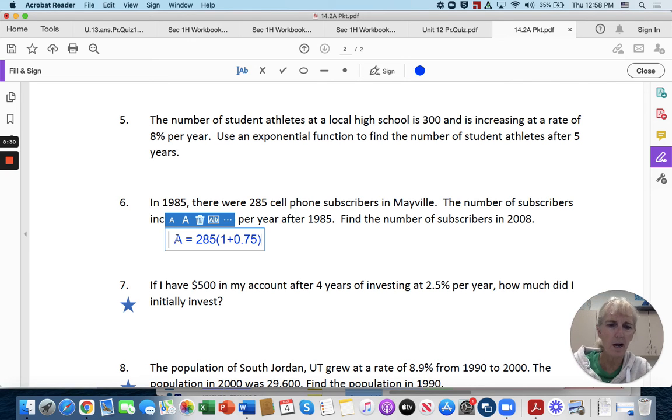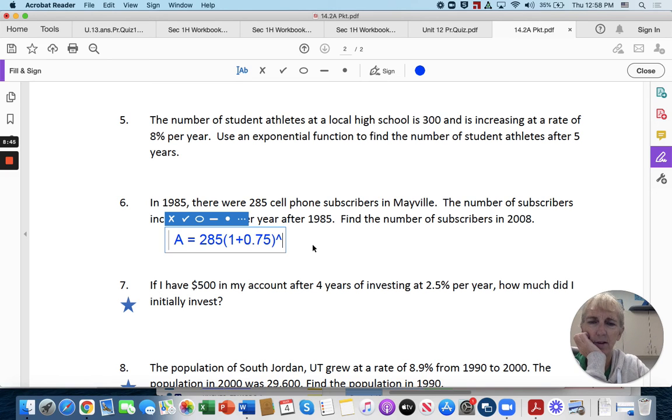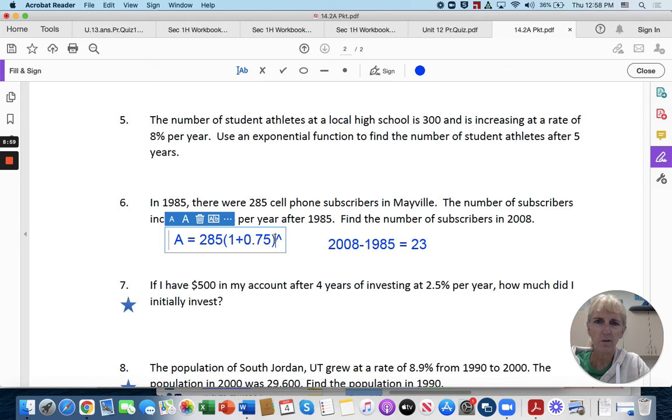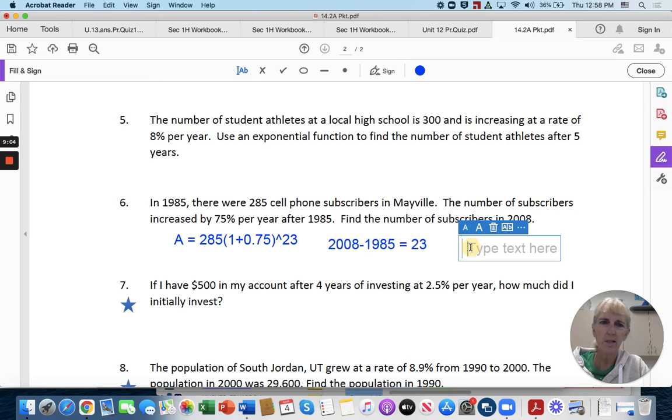And it's raised to the power of, okay, so from 1985 to 2008, if we do that, 2008 minus 1985, that equals 23 years. So back over here, we raise this to the power of 23, okay? So try and do that on the calculators. So this again would be an estimate for the number of subscribers in 2008.